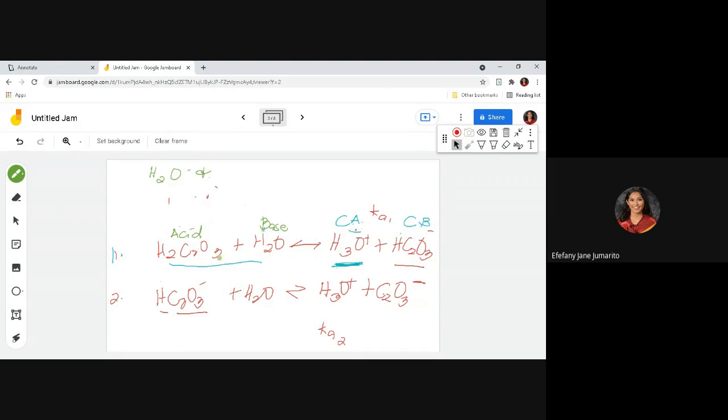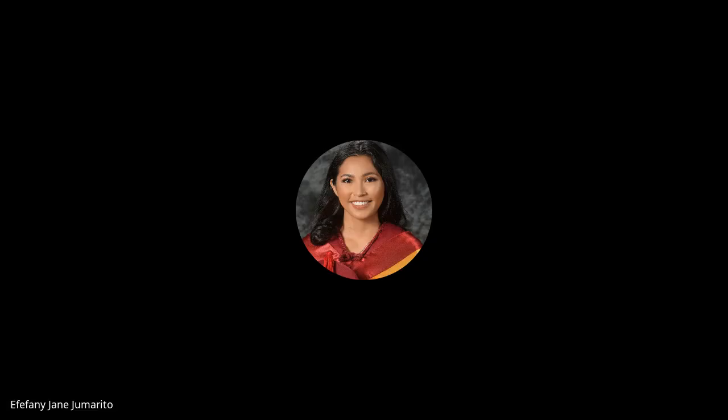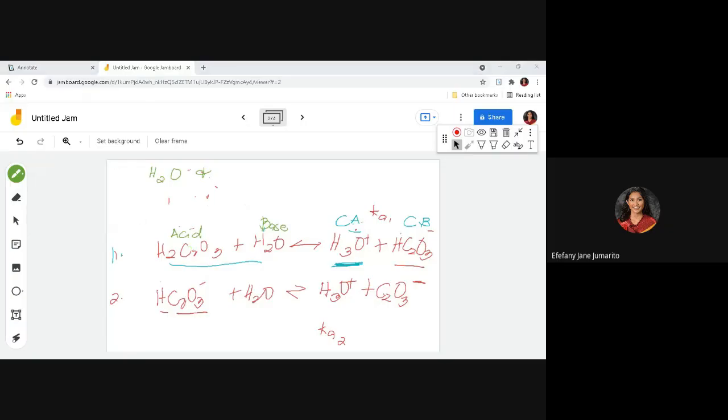All right. So to have a pair, we will determine the acid in the reactant part. So what's the acid in the reactant part? We have H2C2O3.